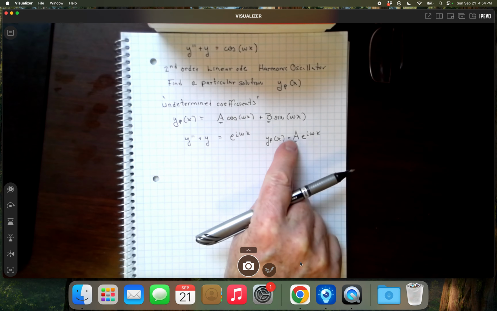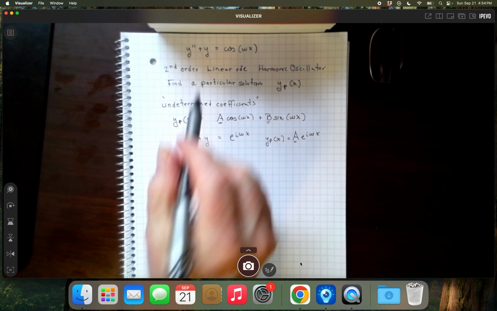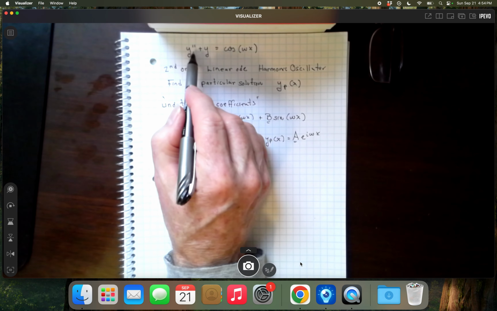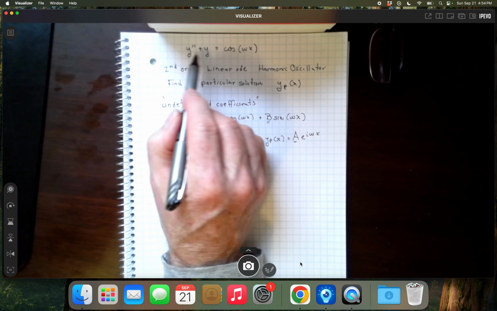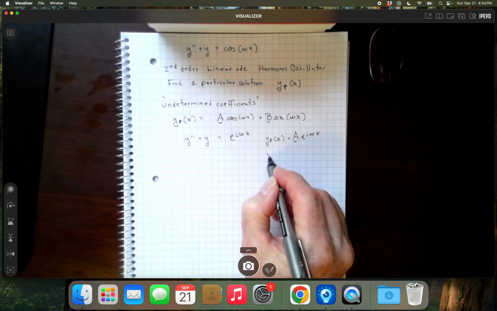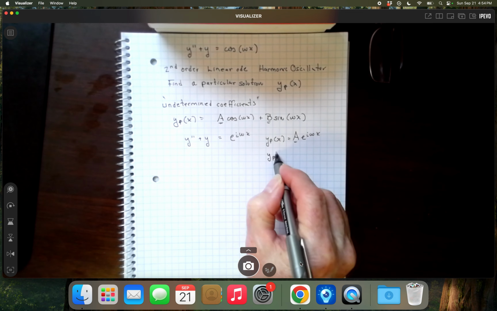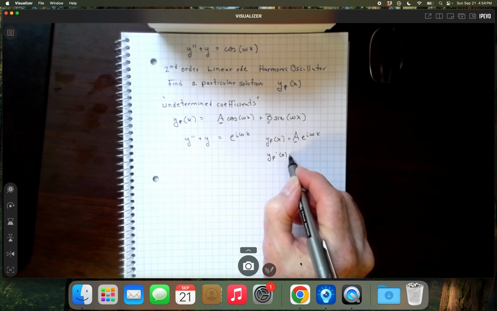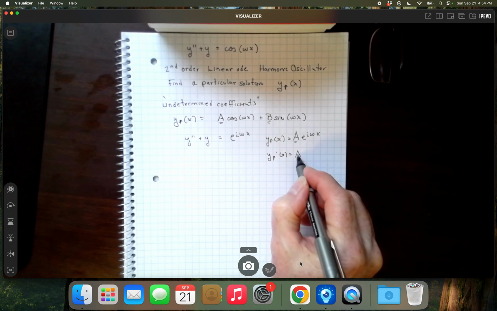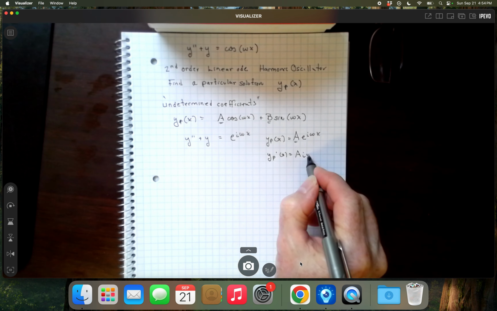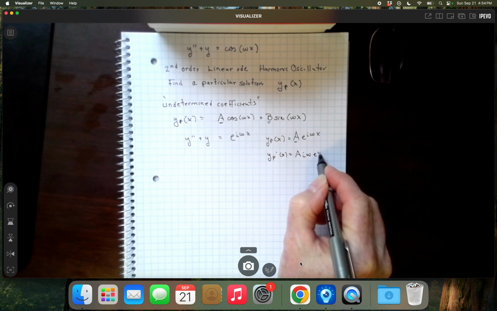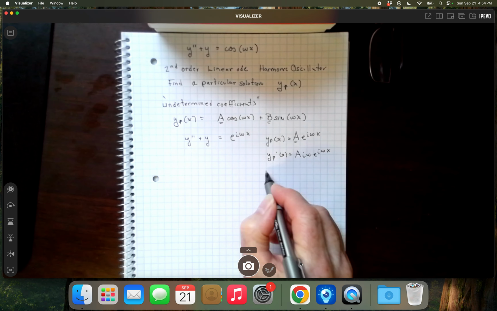And what you do is you take this and you plug it back into the original ODE. Hey, I need a second derivative. So let's do that. y particular prime of x is equal to A i omega e to the i omega x. And we want the second derivative.